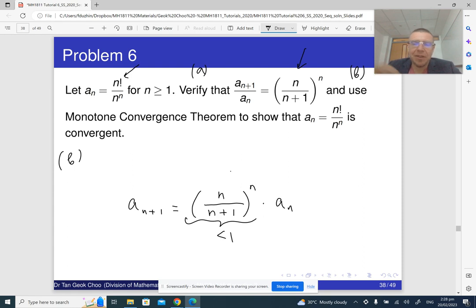Okay, so since every time we multiply with a number that is smaller than 1, our sequence is decreasing, strictly decreasing even.